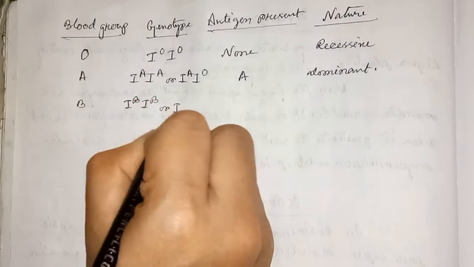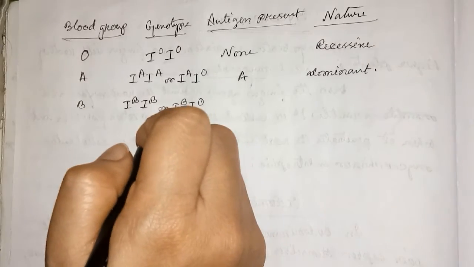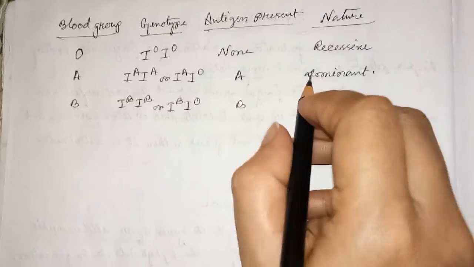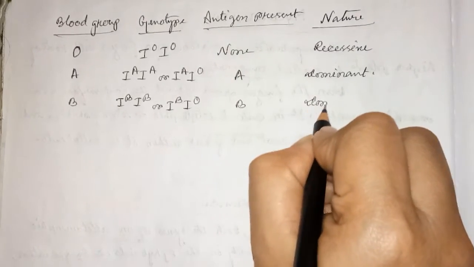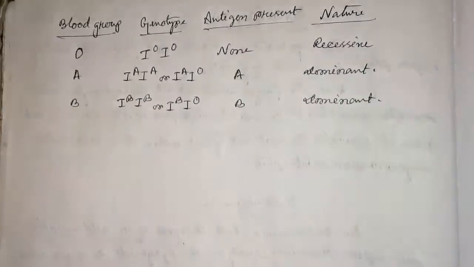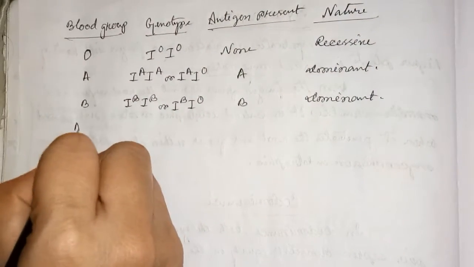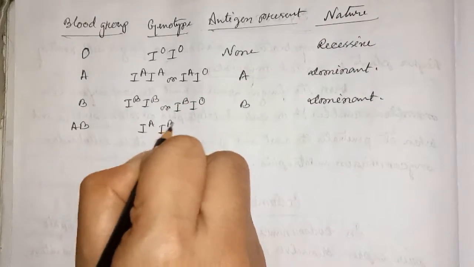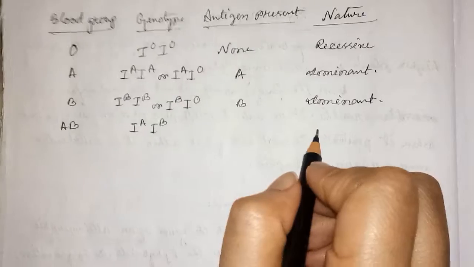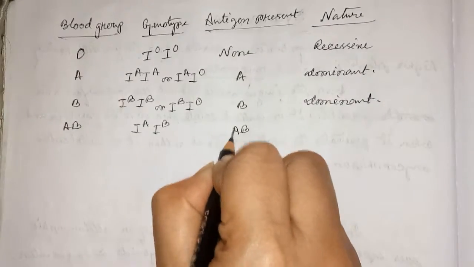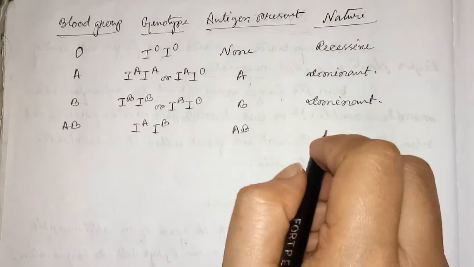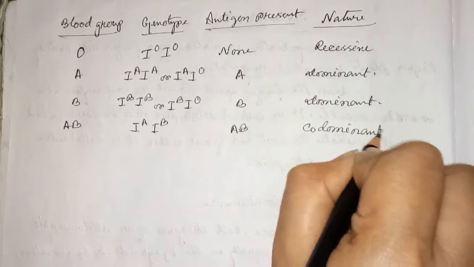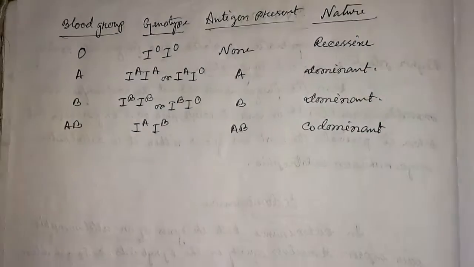Antigen present, that is antigen B, and nature, which is dominant. Next is blood group AB. Genotype is IAIB. Antigen present, that is A, B, and the nature is codominant.